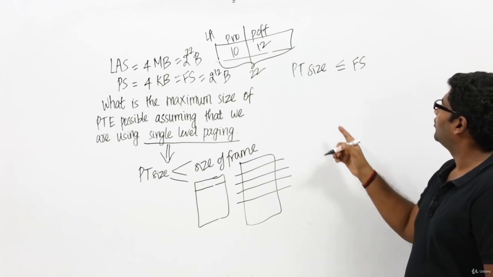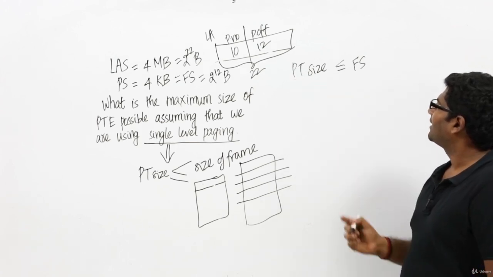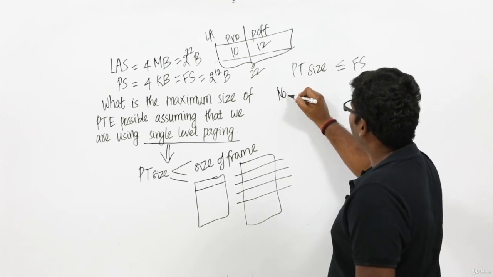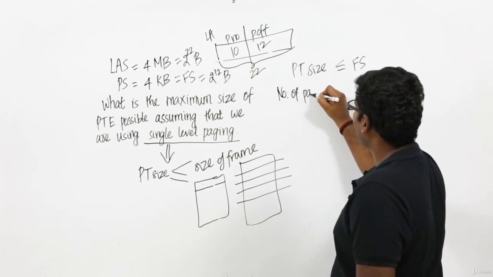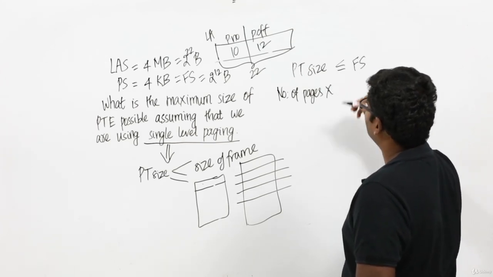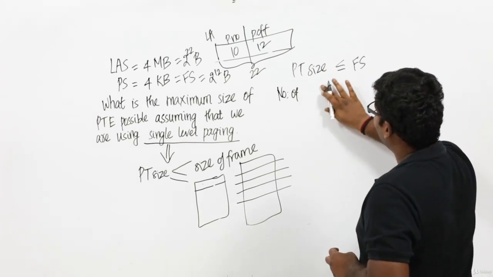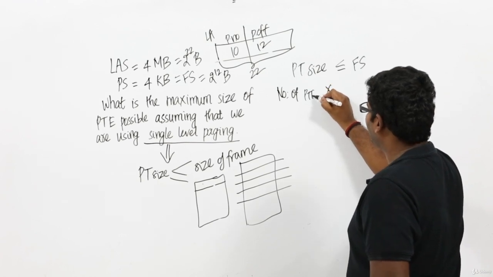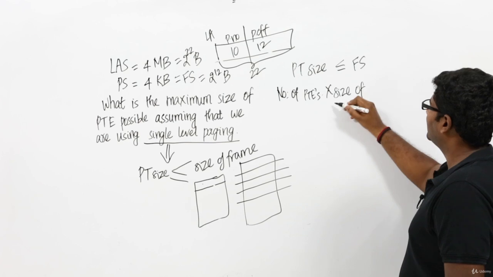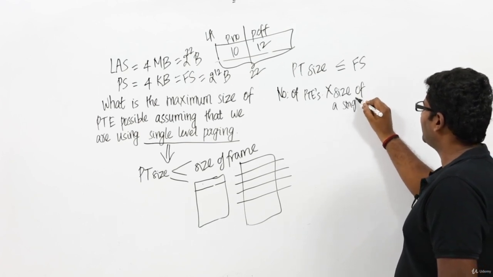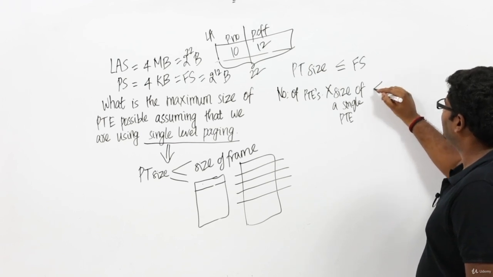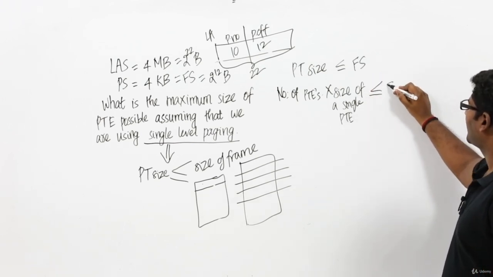So what we can do is, the page table size can be written as the number of page table entries into the size of a single page table entry, which should be less than or equal to the frame size, right?